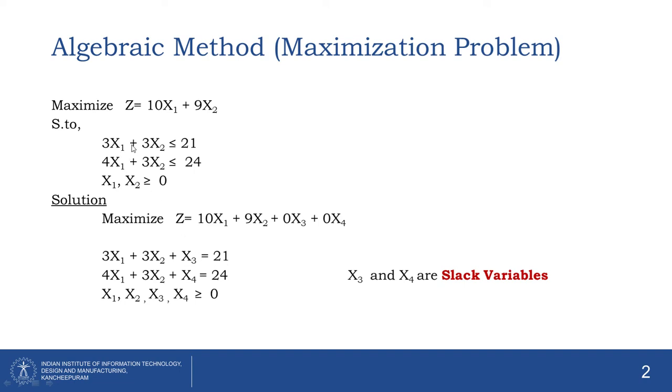If 3x1 + 3x2 is less than 21, then we have to add something, that is x3. So 3x1 + 3x2 + x3 = 21, and 4x1 + 3x2 + x4 = 24. Normally we have x1, x2, x3, x4 ≥ 0.